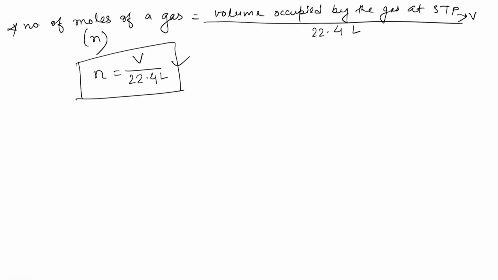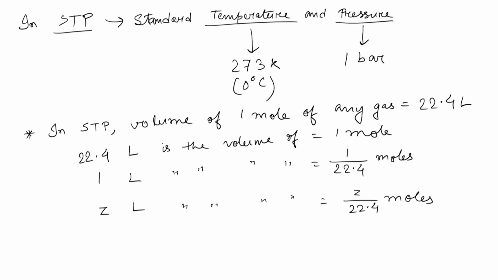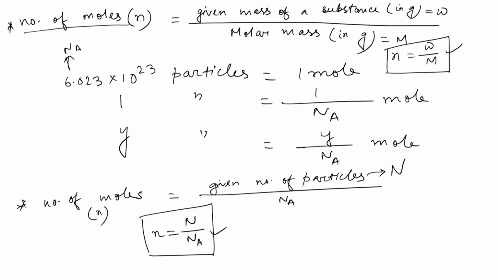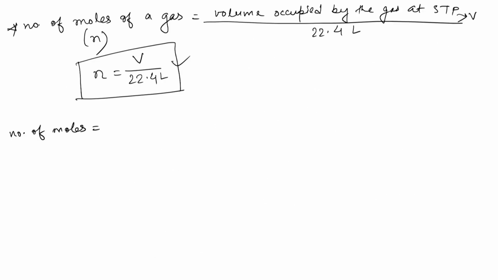Okay. So, we can say that number of moles is equal to, in the first formula it was the given weight of a substance in grams divided by the molar mass in grams. Now, this is the number of moles.